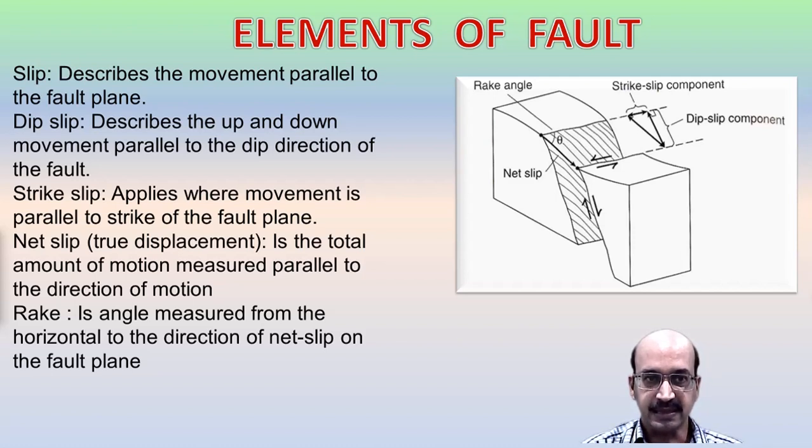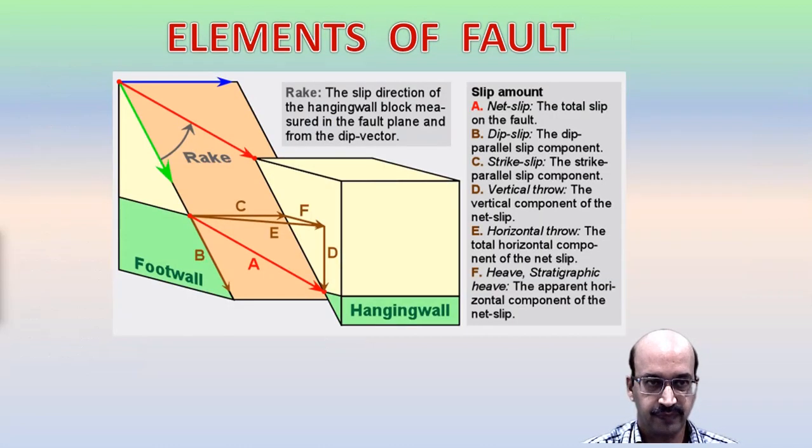The rake is the angle measured from the horizontal to the direction of the net slip on the fault plane. We can see the angle rake over here as theta in this diagram. This is another beautiful diagram which is showing rake, net slip, dip slip, strike slip, vertical throw, horizontal throw and heave.